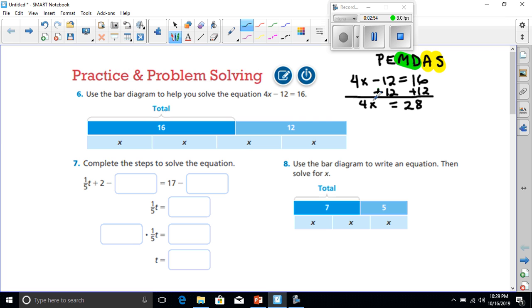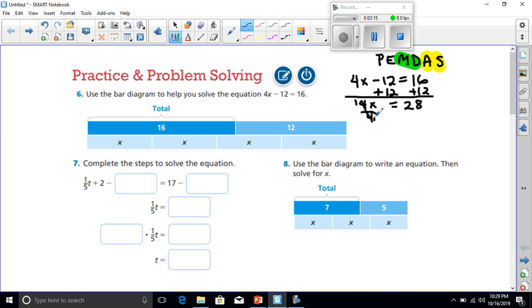And now I do the opposite operation of multiplication. Since I'm multiplying here, I'm going to divide. I divide by the same number that is my coefficient, and that way I'm able to use the method of the same number over itself is always equal to 1.